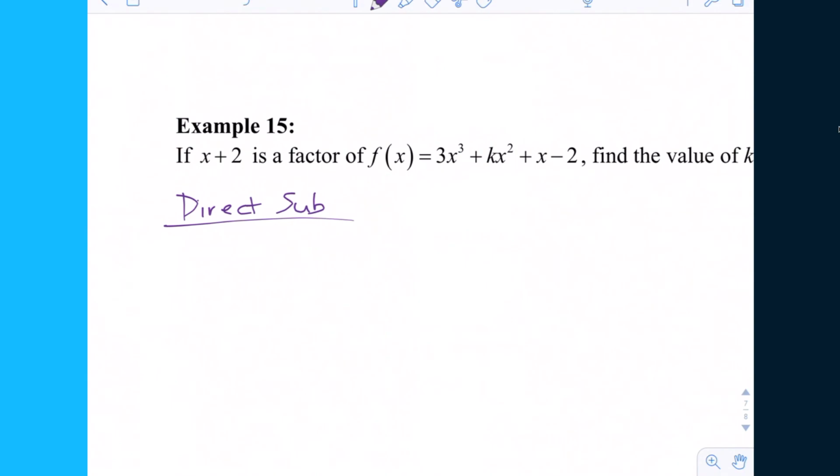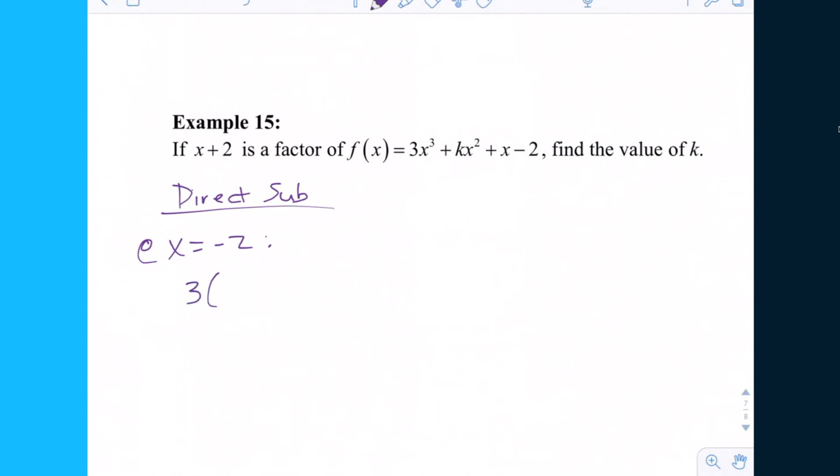You could just say at x equals -2, you're going to get 3 times -2 cubed is -8, plus k times -2 squared is 4, minus 2 minus the other 2, and of course now we force it to equal 0. We force the function value to be 0, so it's an x-intercept.